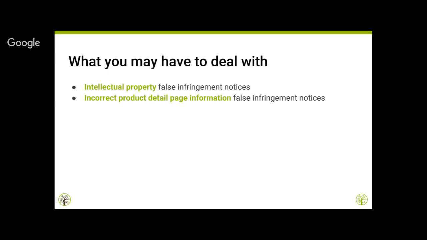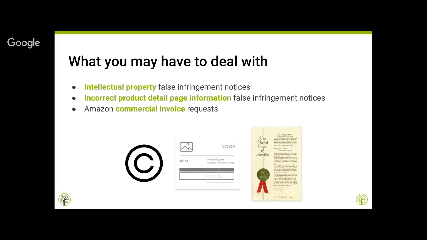You're also going to probably have to deal with incorrect product detail page info false infringement notices. It's a mouthful, but what it basically means is when someone goes to your listing and clicks on that little button that says report incorrect product information, or they report in some other way that the product doesn't match the detail page. This is something else we would have to deal with. And then Amazon commercial invoice requests.